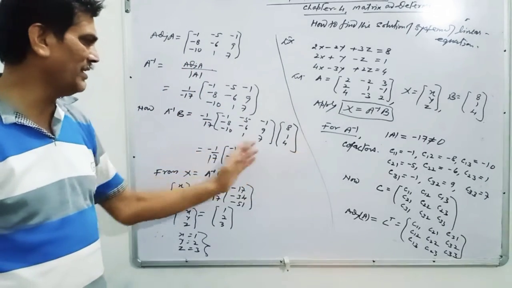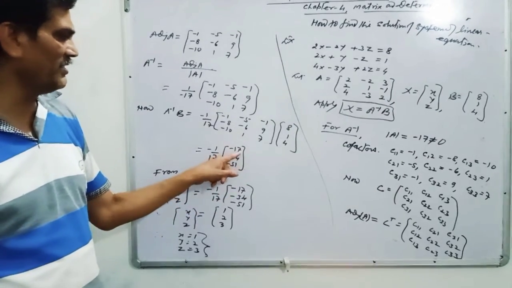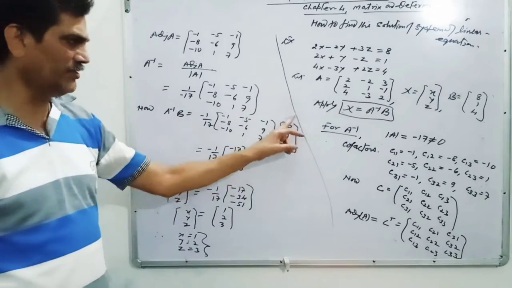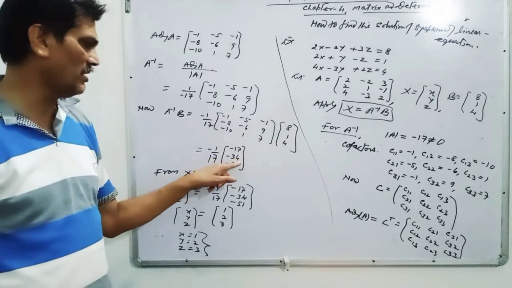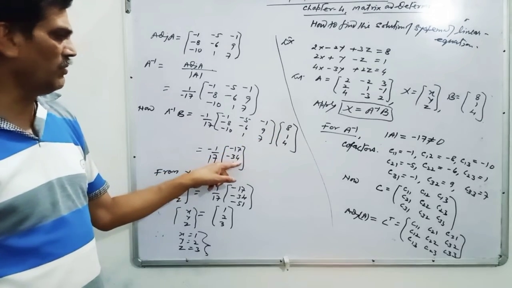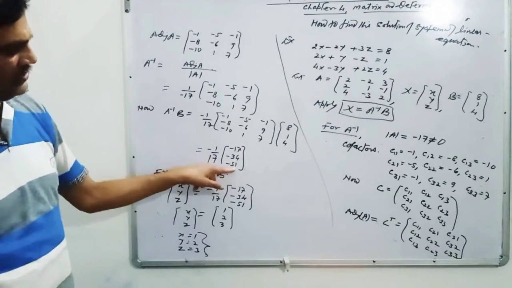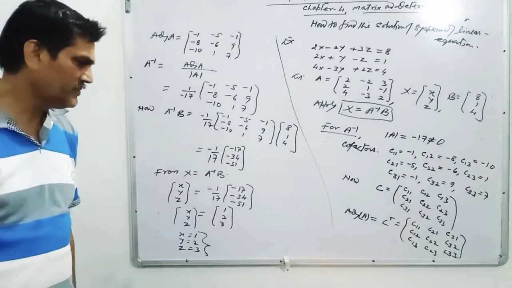So A inverse into B: the value of A inverse is this, multiplying with B. When you multiply, the first row first column value will come out as -17. Now second row first column, there is only one column, so the value is -34, and third row first column, after solving, you will get -51.